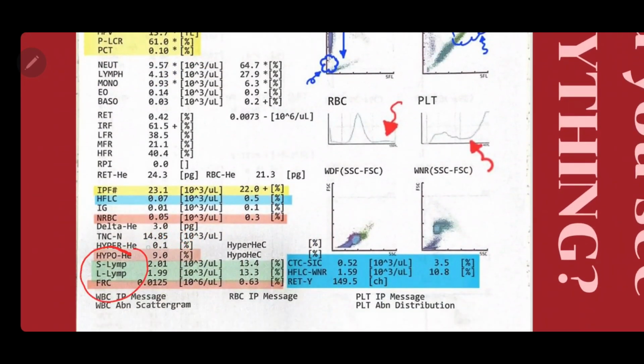For S lymph and L lymph, we see values of 2.01 and 1.99, respectively. This means they are almost equal. Normally, S lymph should be higher than L lymph in normal cases.